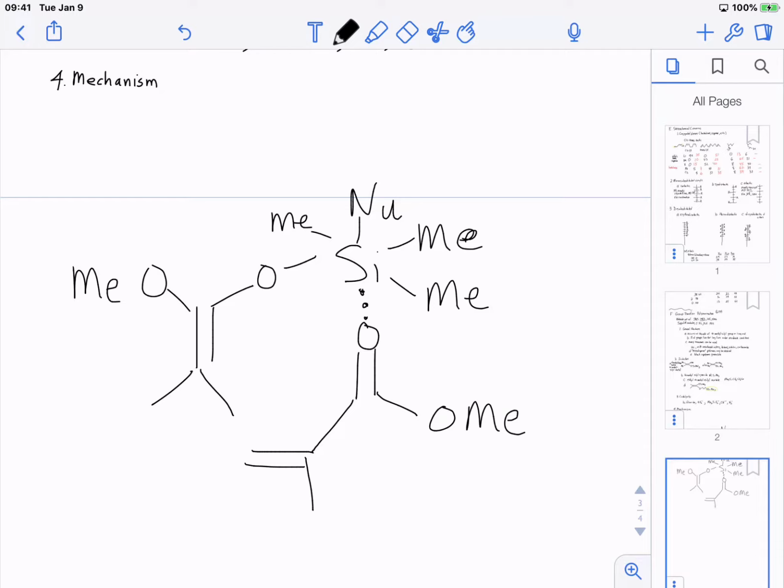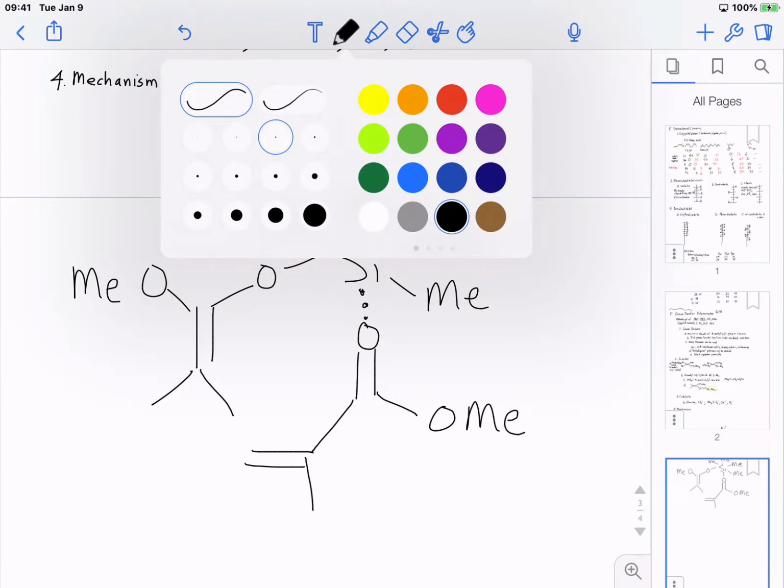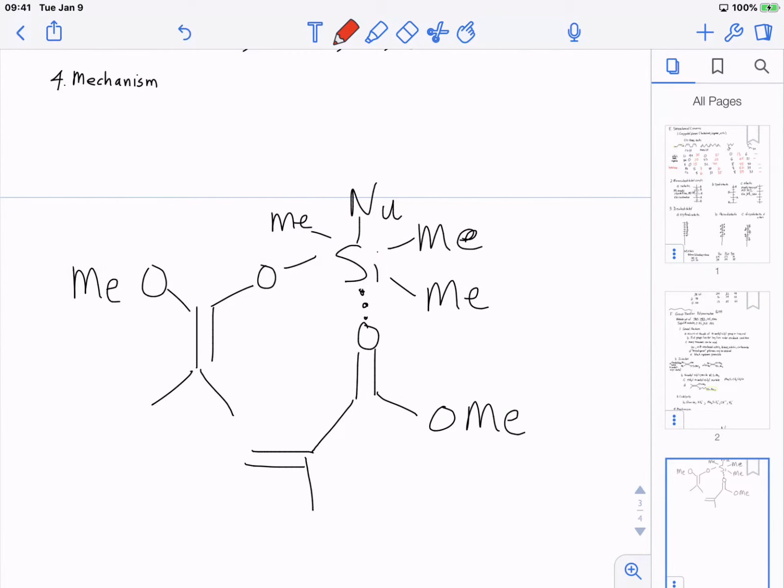This would obviously be the case for methyl methacrylate. And so the mechanism is that this bond is formed and this guy goes there. Oops, that didn't work out too well. There we go. It's kind of a concerted reaction.